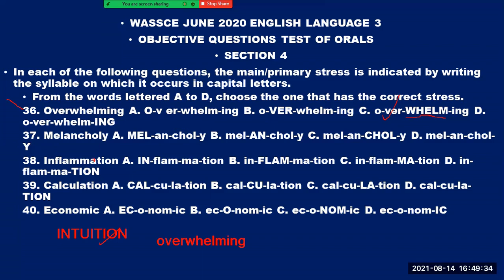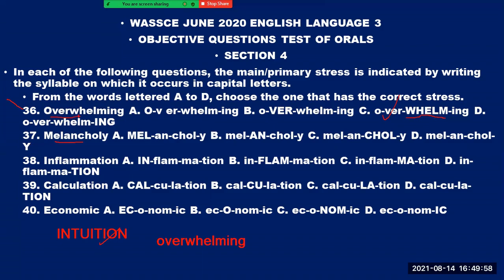melancholy. Before you even begin to look at the options, try and pronounce it yourself. When we meet a word, we immediately try to pronounce it, so we can determine where stress should be placed.